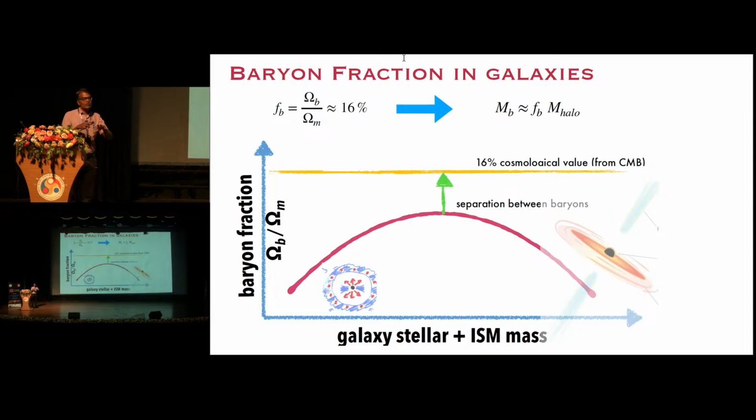So they were formed with a similar baryon fraction as the cosmic value, but over time, due to star formation and the feedback processes, the baryons have been pushed out of these galaxies. At the high mass end, AGNs keep the halos of galaxies hot. So most of these baryons which are present in the extended envelope surrounding galaxies never cool and collapse into the galaxy. So that is the reason why there is a deficit.